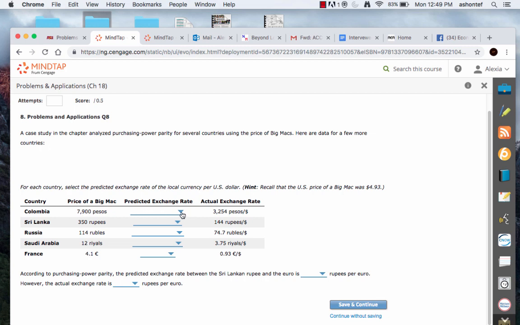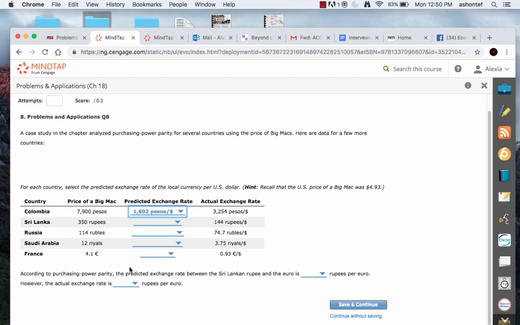To get the predicted exchange rate, you would take 7,900 and divide it by $4.93, and it should come up to 1602. You would do that for each one of these. For Sri Lanka, you take the 350 and divide it by 493. For Russia, you take the 114 and divide it by 493. I think you can figure those out.